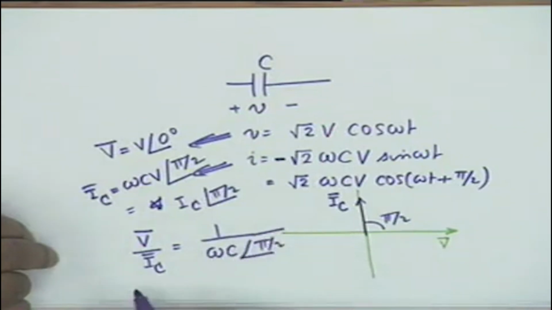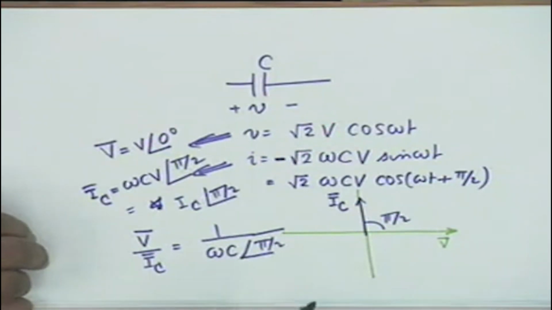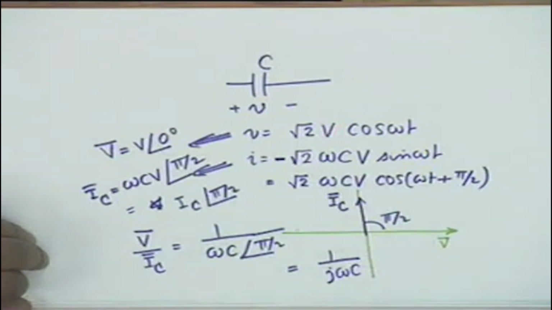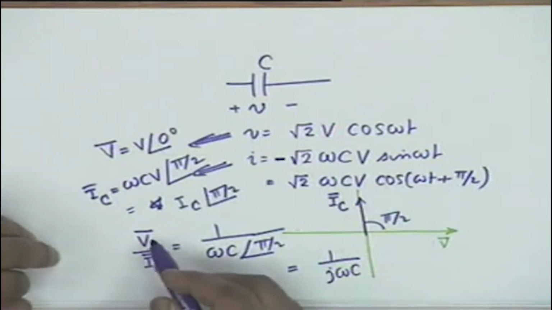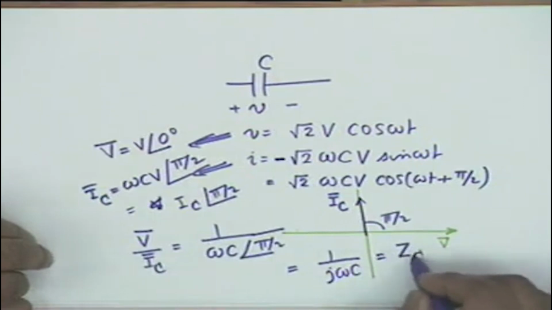Now a complex quantity with magnitude 1 over omega C and angle pi by 2 is obviously a purely imaginary quantity, and therefore its actual representation would be 1 over j omega C. And since it is the ratio of a voltage phasor to a current phasor, this is the impedance of the capacitor ZC.